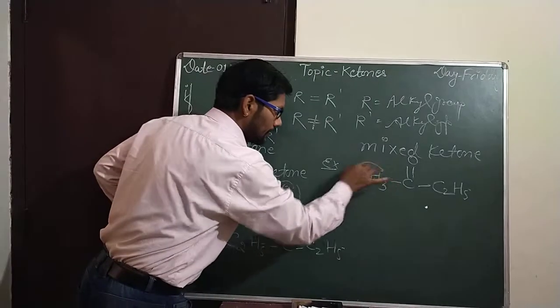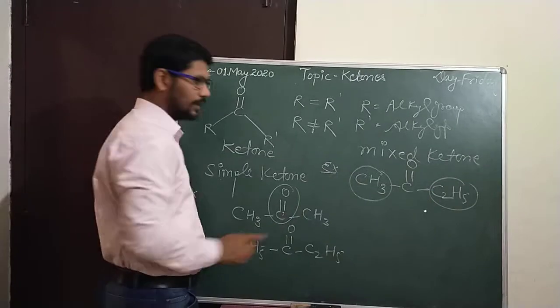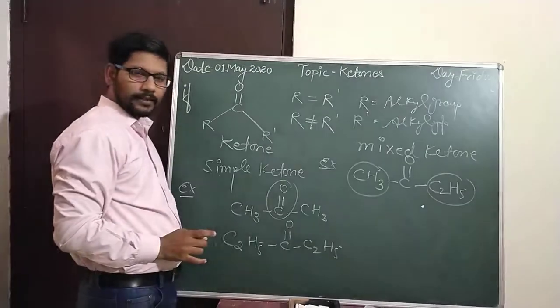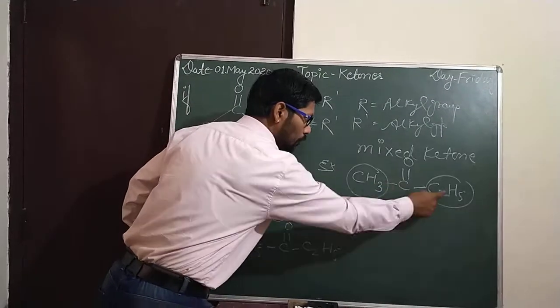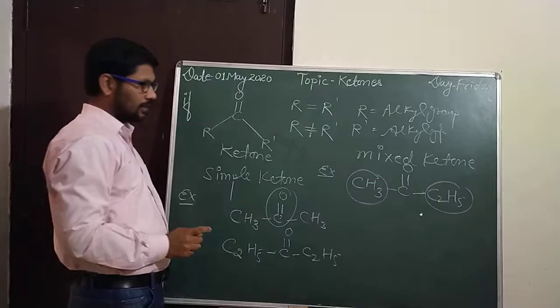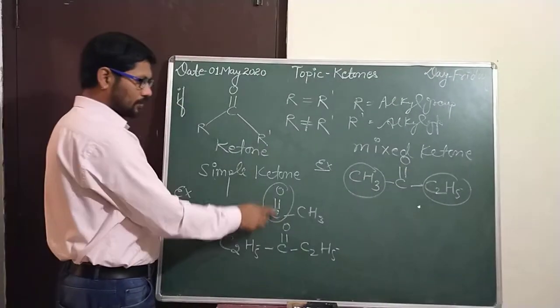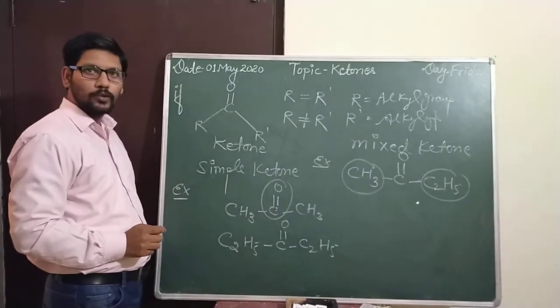This alkyl group and this alkyl group are different, so this is called mixed ketone. Get my point? When both the alkyl groups are different, this is called mixed ketone. When both the alkyl groups are the same, this is called simple ketone. So this is the classification of ketones.